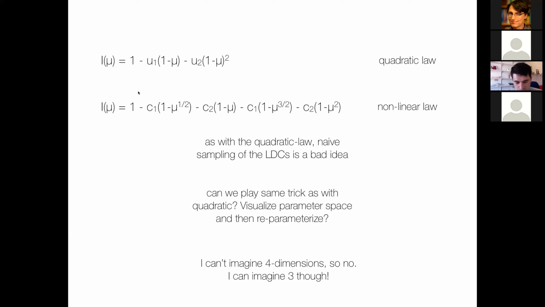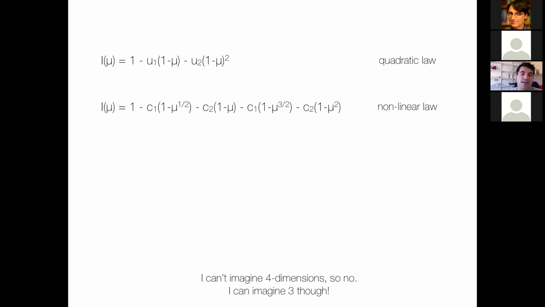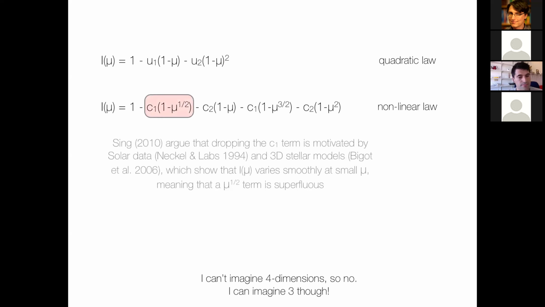But as a three-dimensional being, I am able to imagine three-dimensional space. So let's see if we can find some three-parameter law rather than a four-parameter law, which does more or less as good of a job as possible. And David Singh was very important in showing me a way to solve this problem.